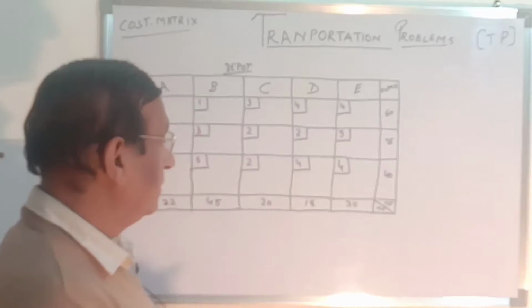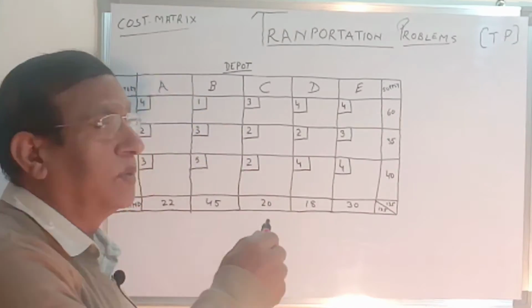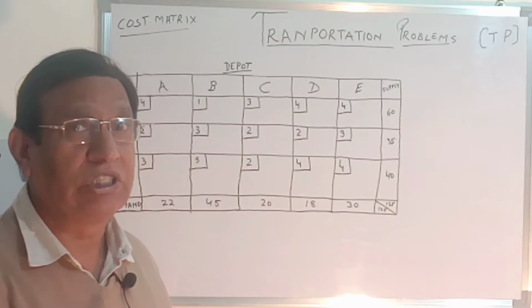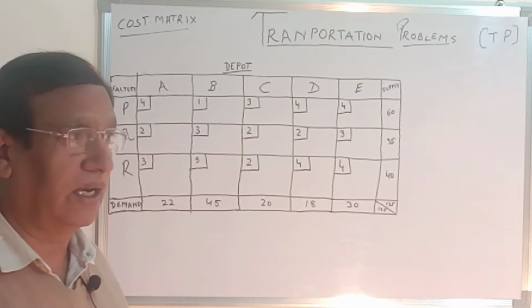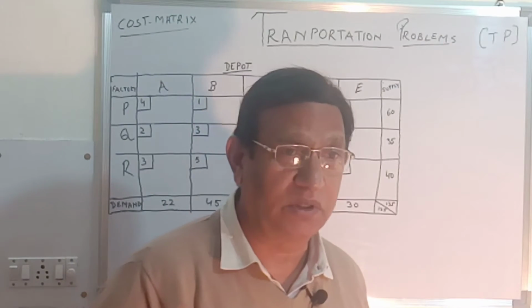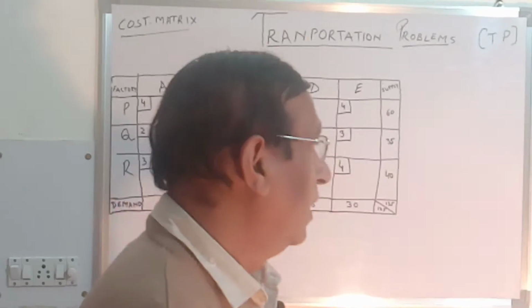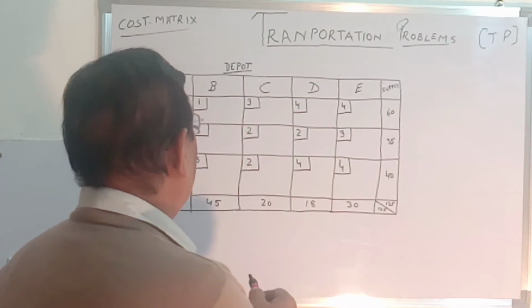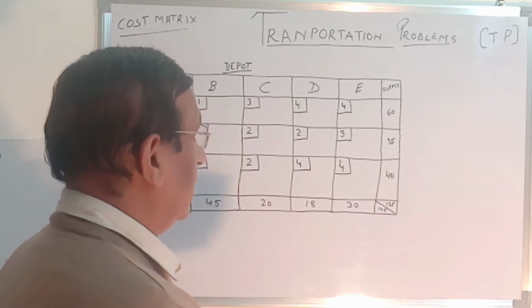For number one, in order to see that this transportation problem is a balanced one, we have to see that the demand must be equal to supply. As in economics, the term used is demand must be equal to supply, or the requirements must be equal to the supply or availability.